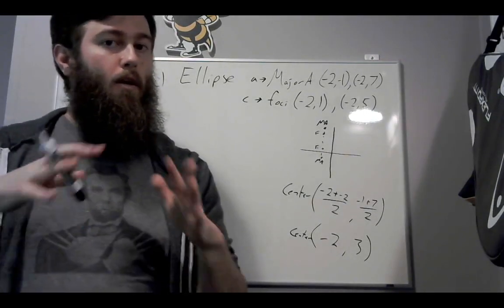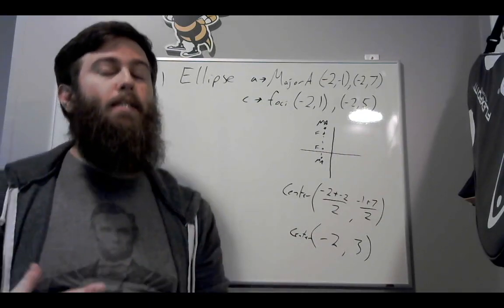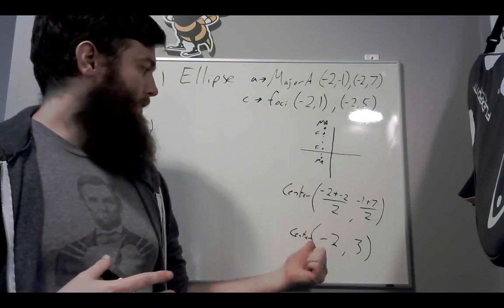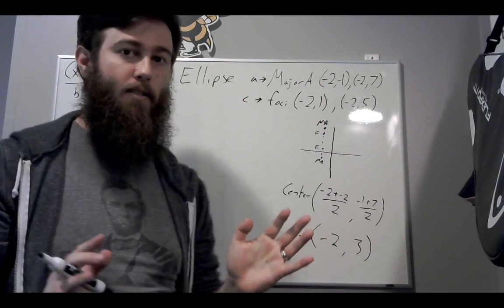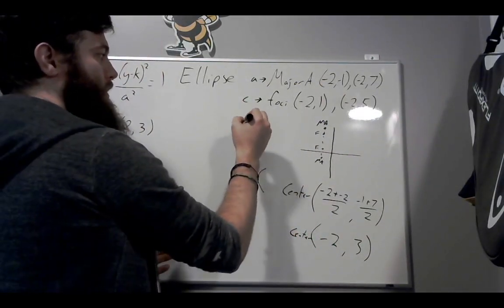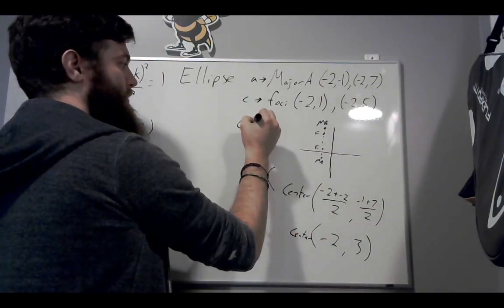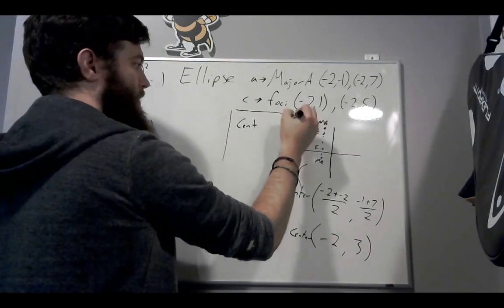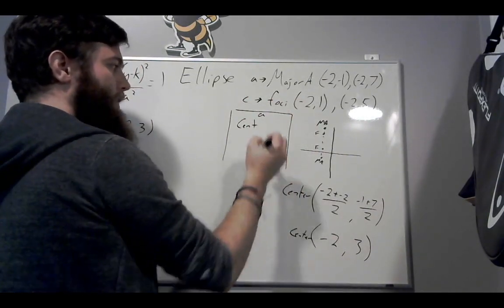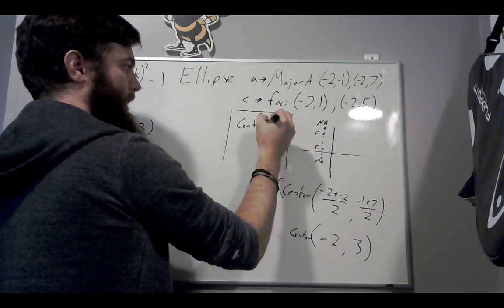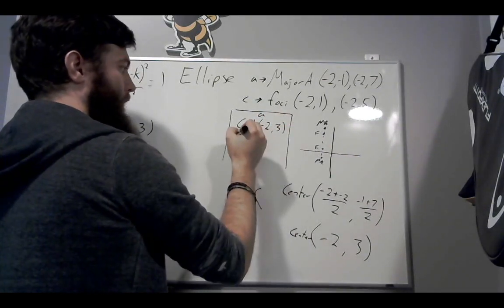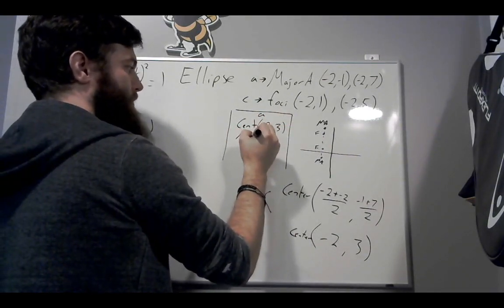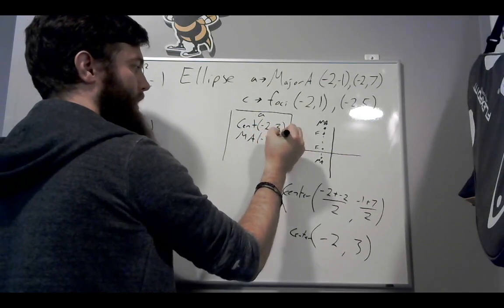So again, to find A, it is the distance between our center and one of our major axis endpoints. Doesn't matter which. So here is information about me finding A. My center was at -2, 3. One of my major axis endpoints was -2, 7.